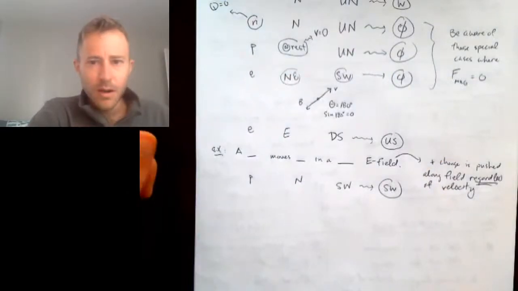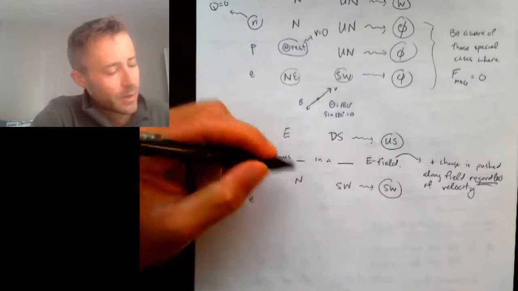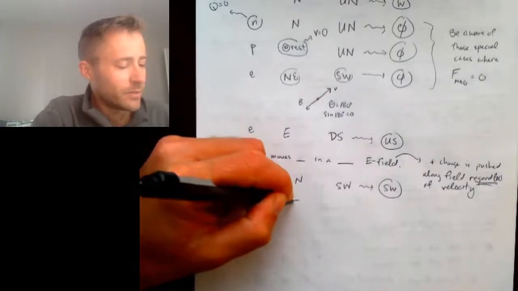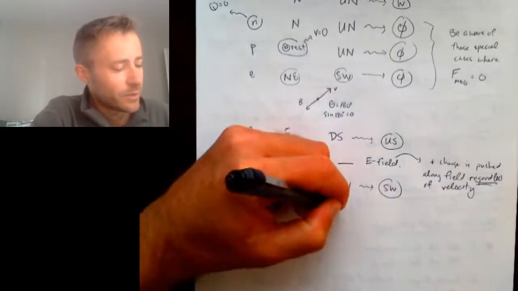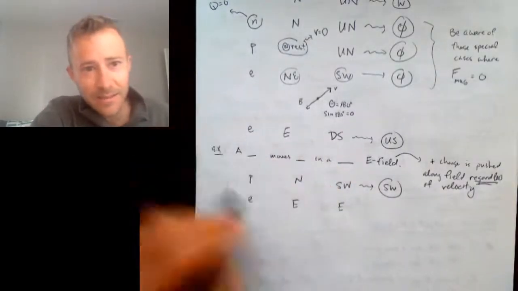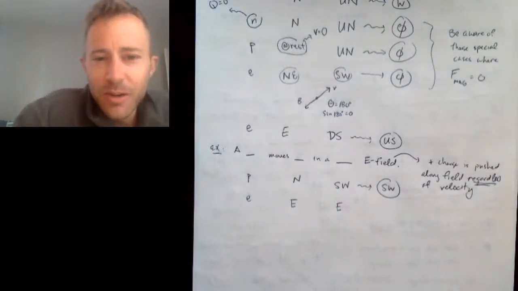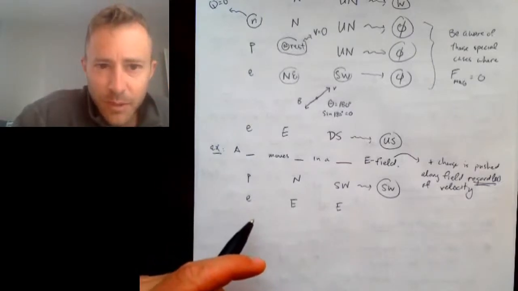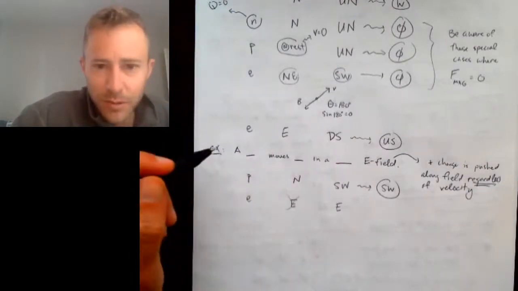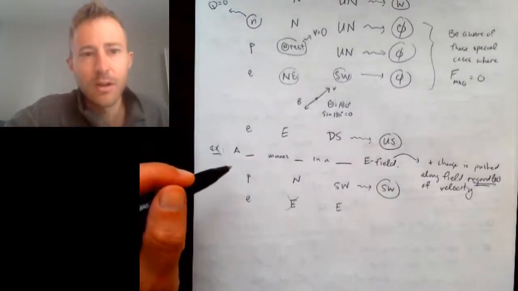If you have an electron traveling, let's say, east in an eastward electric field, an electron is a negative charge, so regardless of its direction of travel, the direction of the velocity does not even matter if we're talking about electric fields.